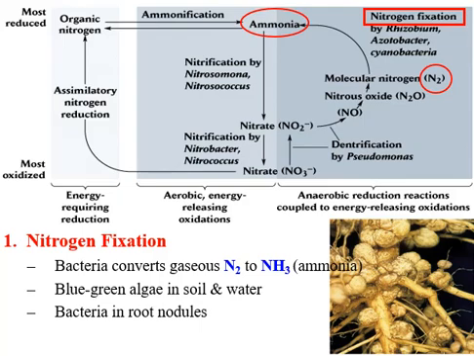The first one is nitrogen fixation. This is accomplished by bacteria. There are a lot of nitrogen-fixing bacteria in the root nodules. There's a picture of root nodules that are full of these bacteria.